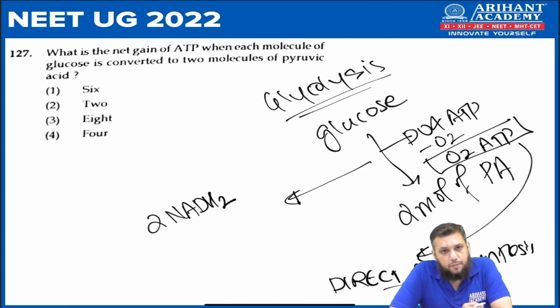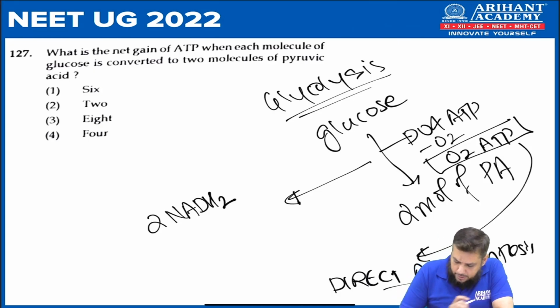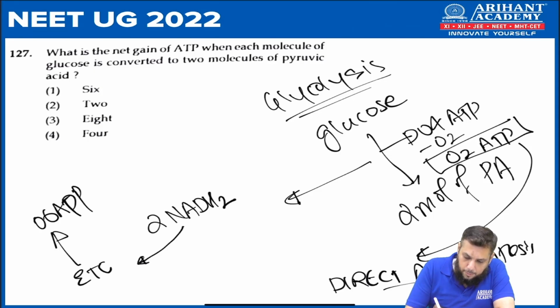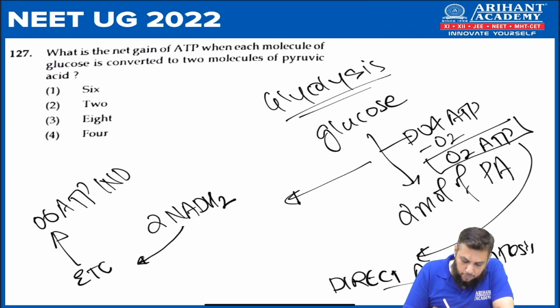So irrespective of whether glycolysis will be followed by ETS or not, you'll always get these 2 molecules of ATP. Okay, these 2 molecules of NADH twice, only during aerobic respiration will go into the electron transport chain, and then give you 6 molecules of ATP. So this is indirect ATP synthesis that involves the electron transport chain.